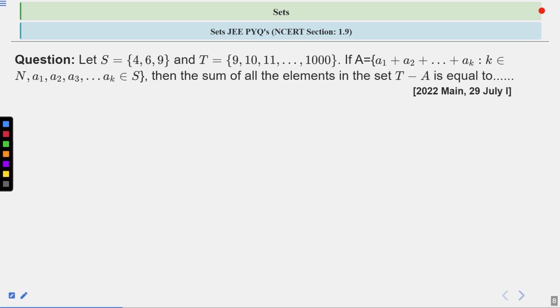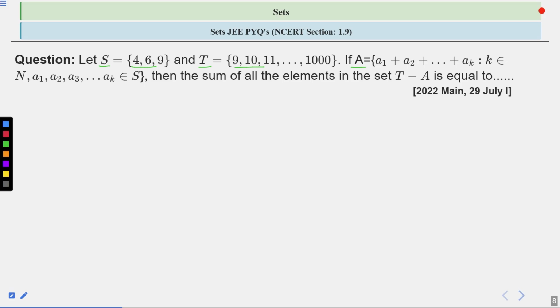Now this question. The question says that we have set S. In set S we have 3 elements 4, 6, 9, and another set T, given in roster form, with elements 9, 10, 11 and so on till 1000.